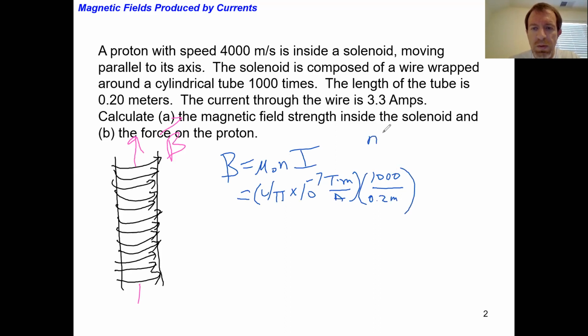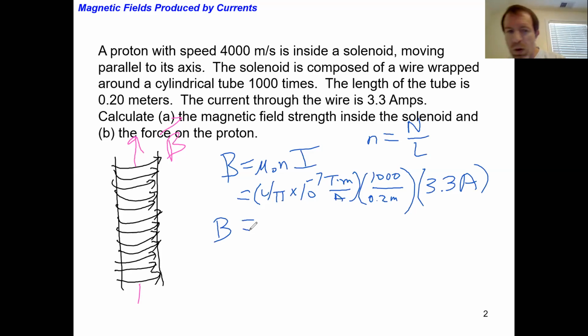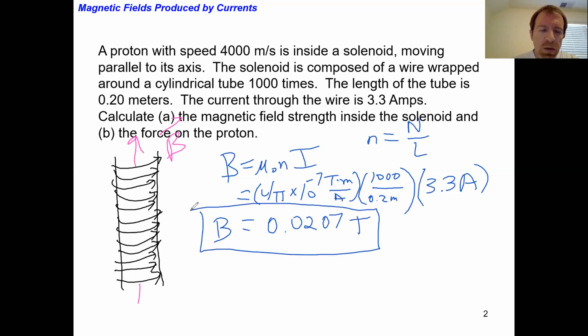Literally, small n is capital N over L. And then the current is 3.3 amps. When I do all that, I get a magnetic field equal to 0.0207 Tesla. And so that's my answer for part A.